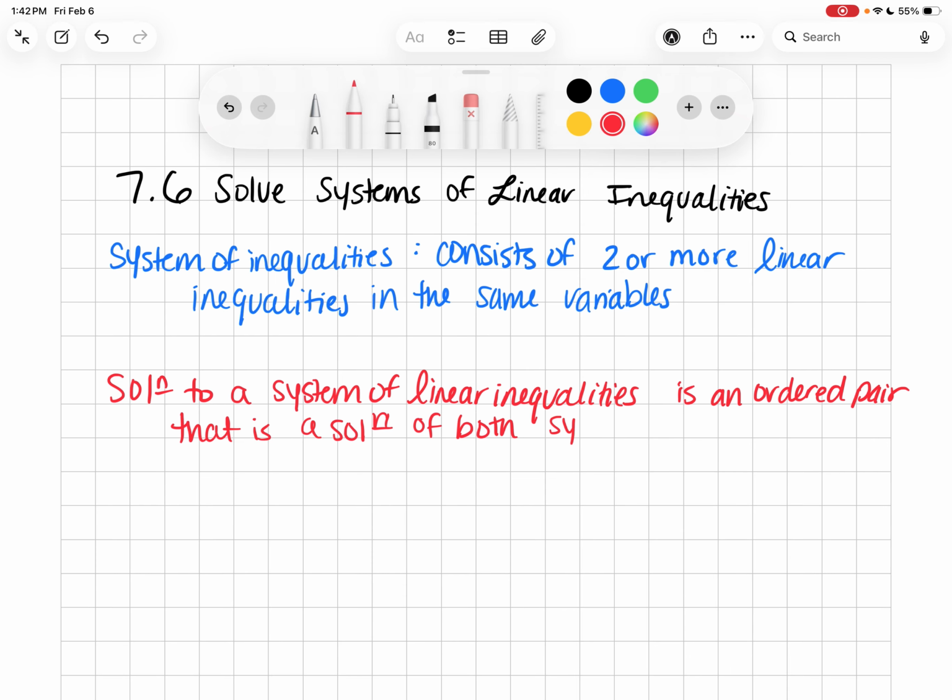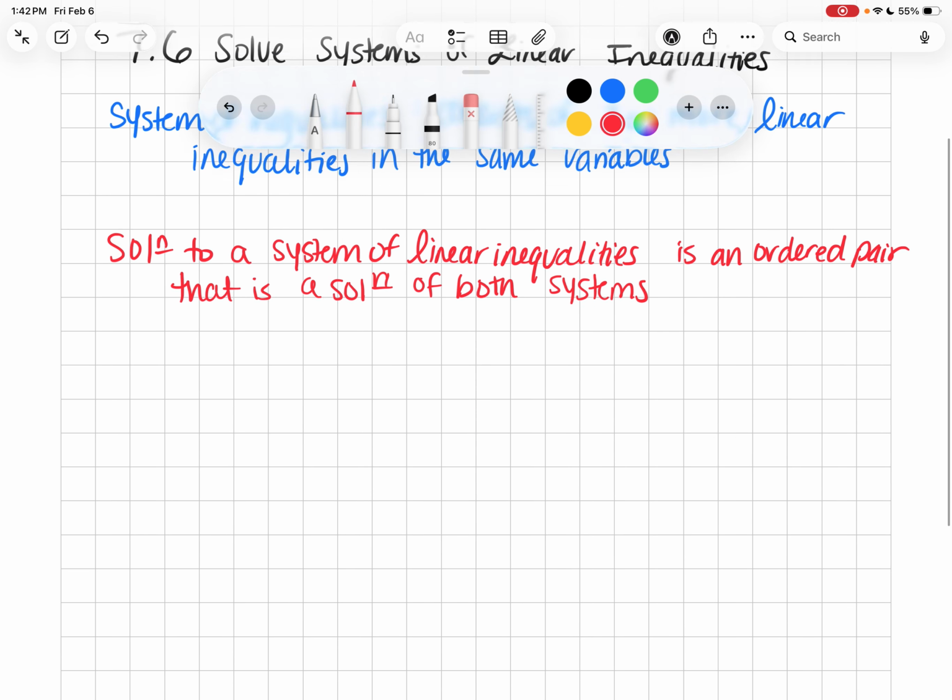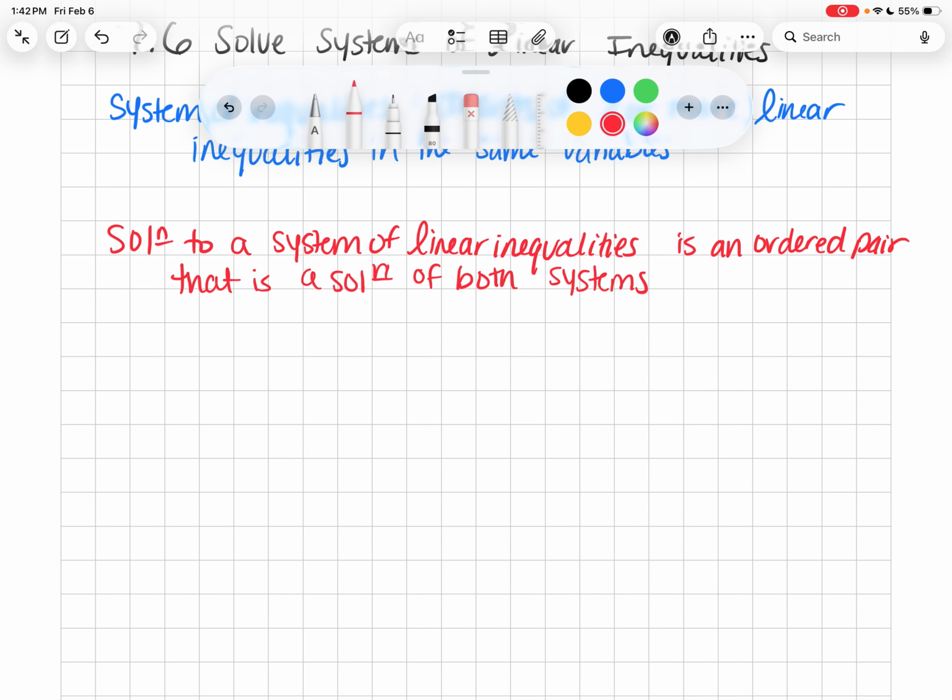Now, there's going to be a lot of ordered pairs that would work, but if you remember when we graphed inequalities before and we were shading, I said take one point that's in the shaded area and check it in your inequality and see if it works. Well, the reason I said to get two different colors is because we're looking for the overlap, so that's why I said like red and blue. Where the purple section is, that's going to be where your solution is, and any point in the purple area, or whatever set of colors you choose to use, is going to be the solution of both.